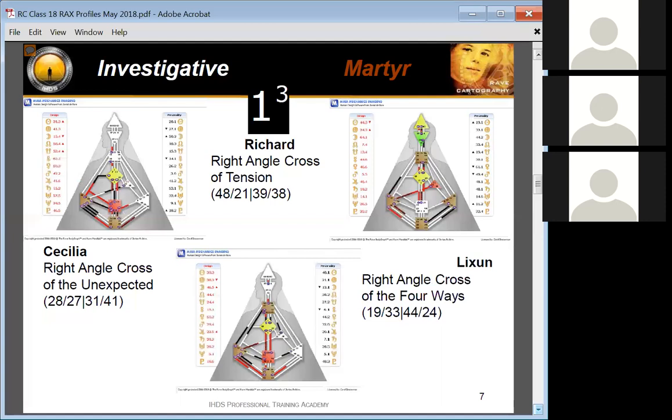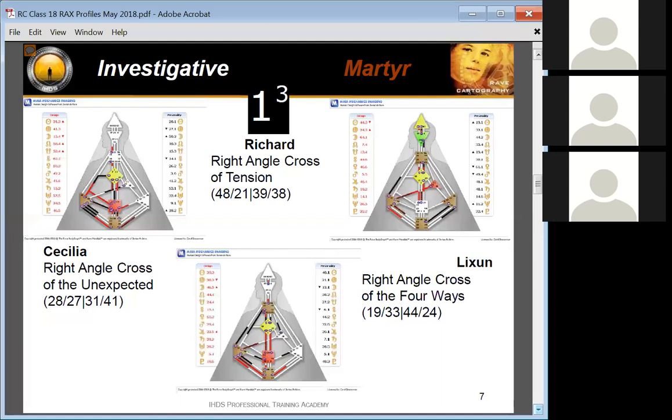Richard's the one in the middle that shows on the bottom. And so just curious what you see there for Richard. Which quarter would that be? Where's the 48? It happens to also be in duality.